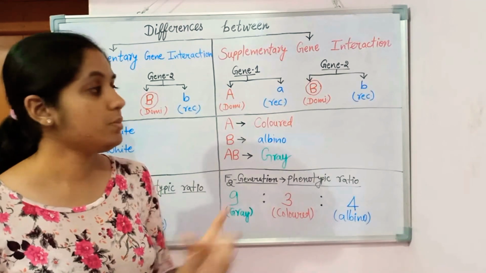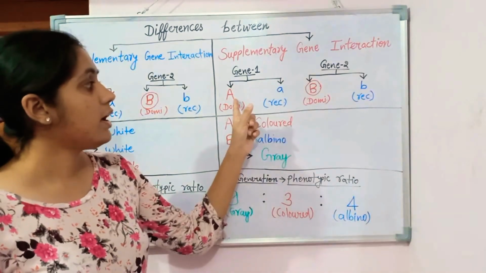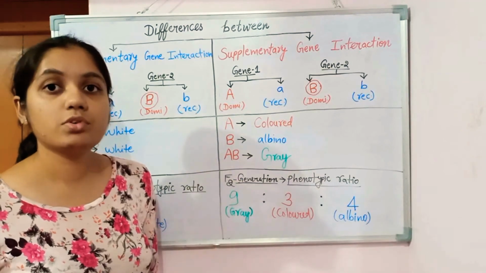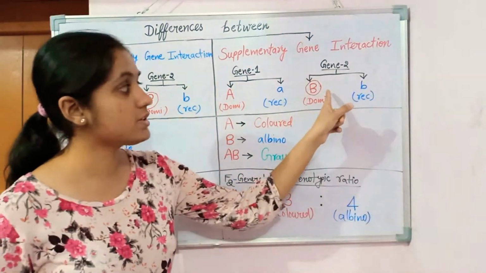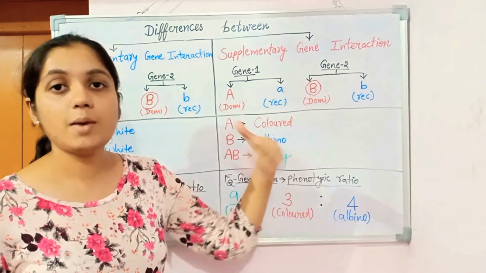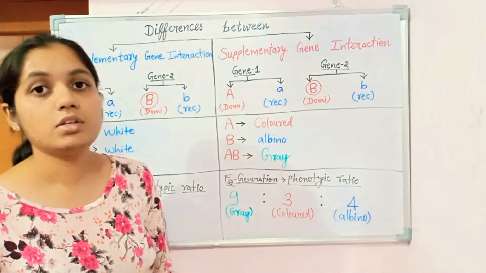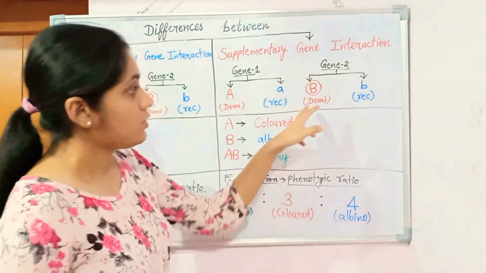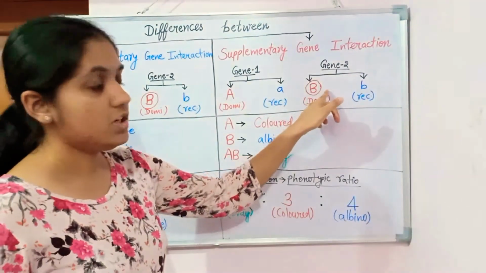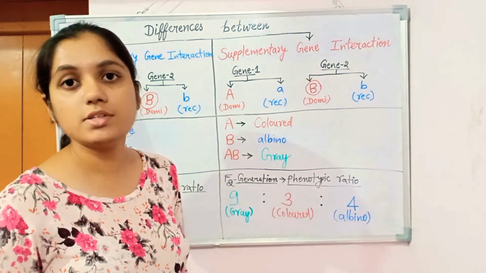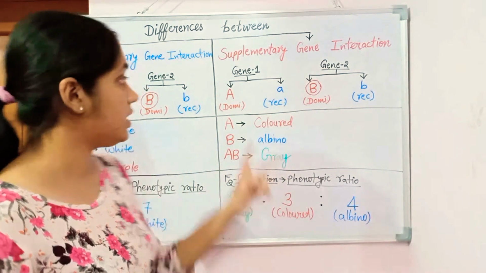It doesn't mean that this capital A has no phenotype. It has its own phenotype, but when it is present with capital B, then its phenotype is changed or modified to another new phenotype. So that's why this gene 2 capital B dominant allele is known as the supplementary gene.